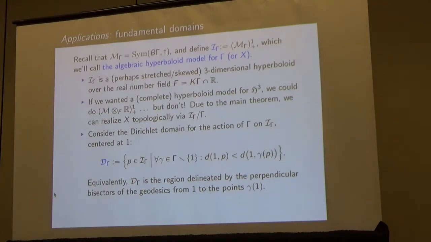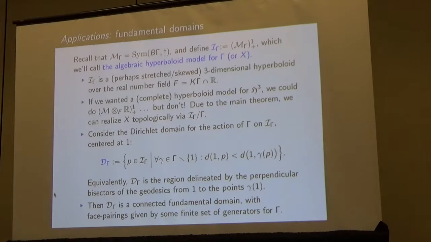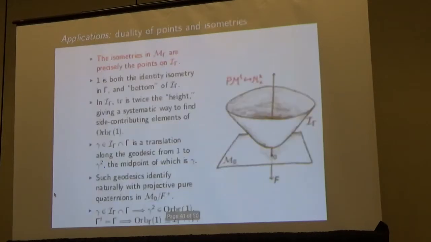And so in this way, we consider the Dirichlet domain for the action of gamma on its hyperboloid model. And so the Dirichlet domain is a connected fundamental domain with face pairings given by some finite set of generators for gamma. That's what a Dirichlet domain always is.